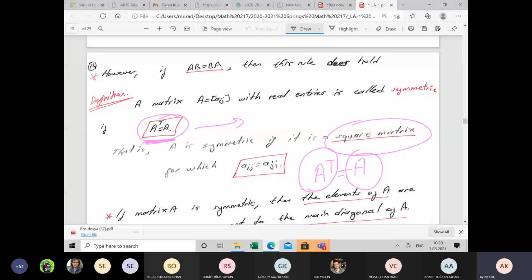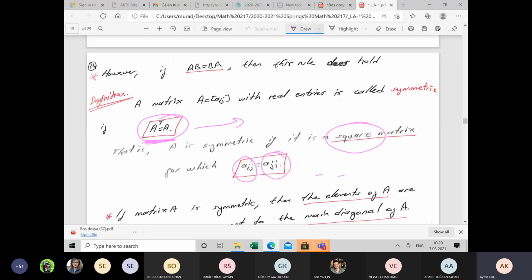It's okay. So if our matrix is a symmetric matrix, A should be a square matrix first of all. And also every ij entry should equal the ji entry, because the first row will be the first column, the second row will be the second column. It's okay? So what does this mean?